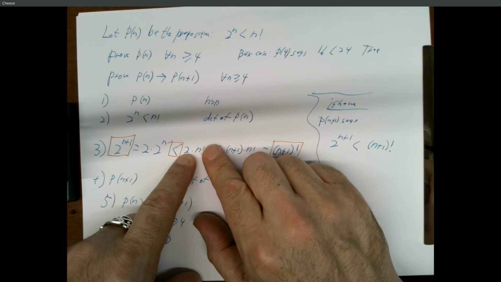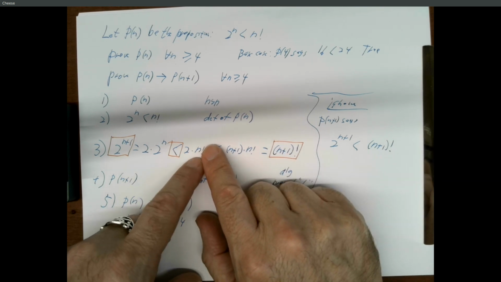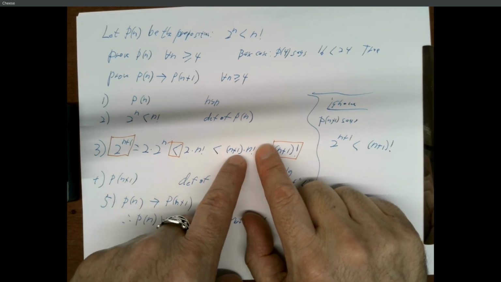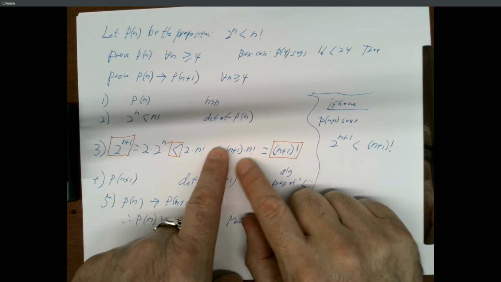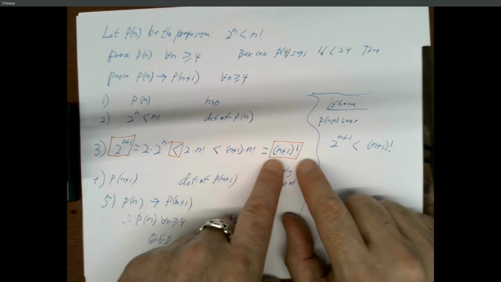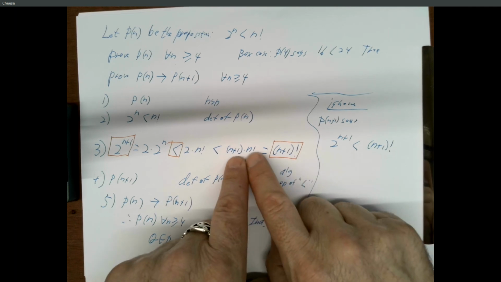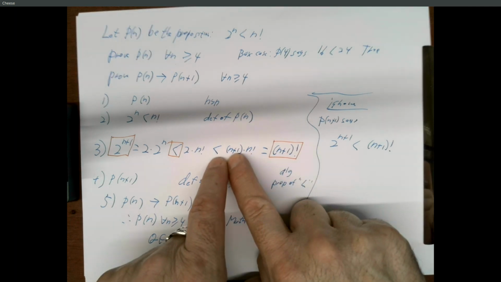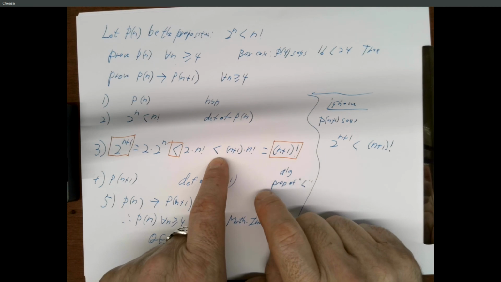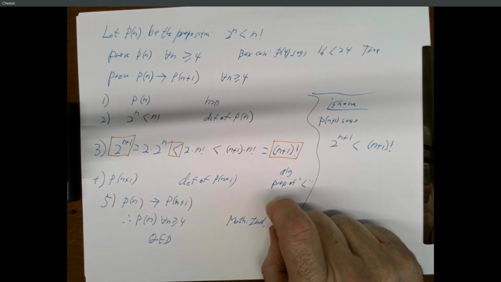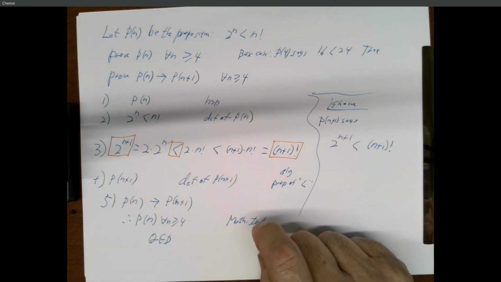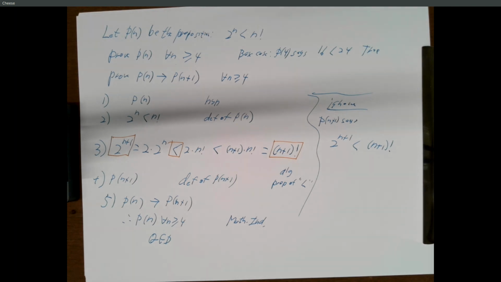And since n is less than n plus 1, 2 times n factorial is less than n plus 1 times n factorial. And this, n plus 1 times n factorial, is n plus 1 factorial. Right? Product of the first n integers times n plus 1. Okay? See it. Cool.